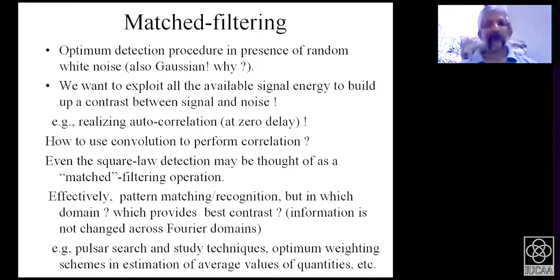You will find that the contrast of that measurement is poorer than what you would get in the square law detection. There are various examples. People routinely use matched filtering in one form or other, whether they admit it explicitly or not. That's the only way you're going to get an optimum detection in the presence of noise.